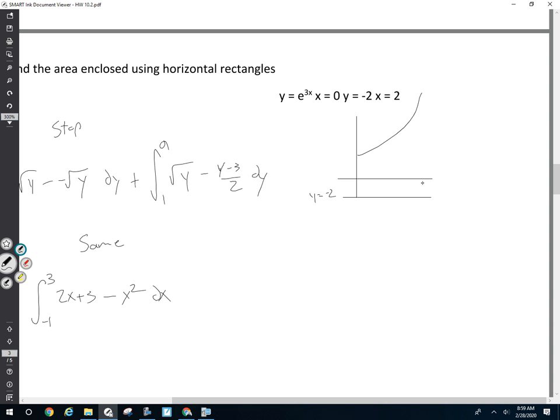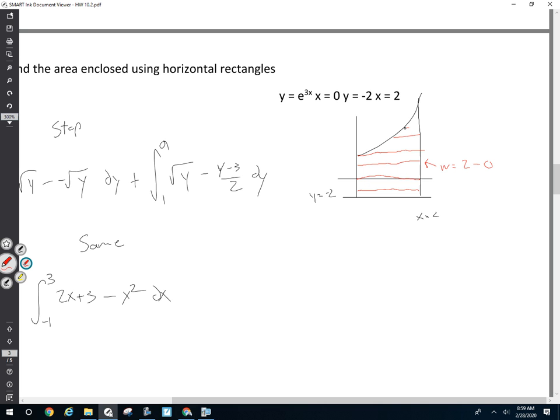We have x equals 2. And I'm using horizontal rectangles again. And watch, this is kind of the same deal. It's not as easy as we might think, because until here, the width of these rectangles is just going to be this x distance of 2 minus 0.